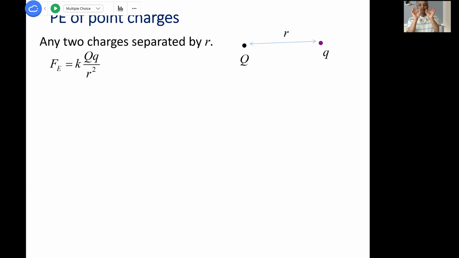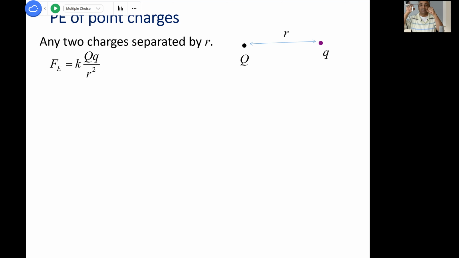Let's say this is the source charge and this is the test charge. Say it wasn't there, and then it was forced to move to come to that distance. Now it's sitting there, so the separation distance between these two right now is r.